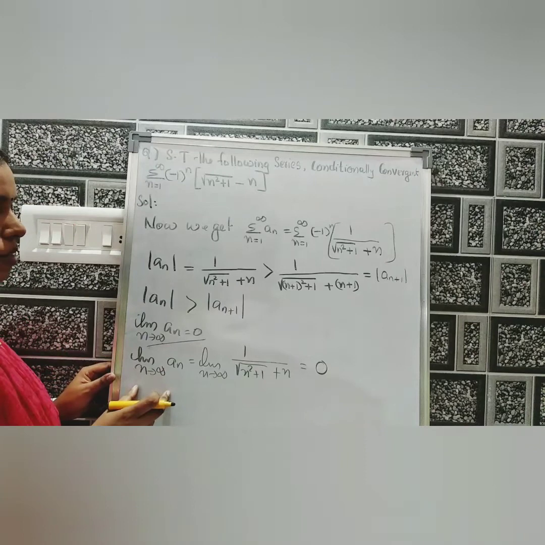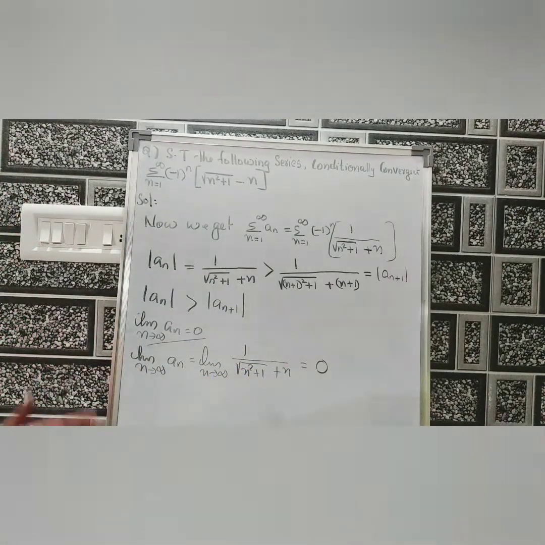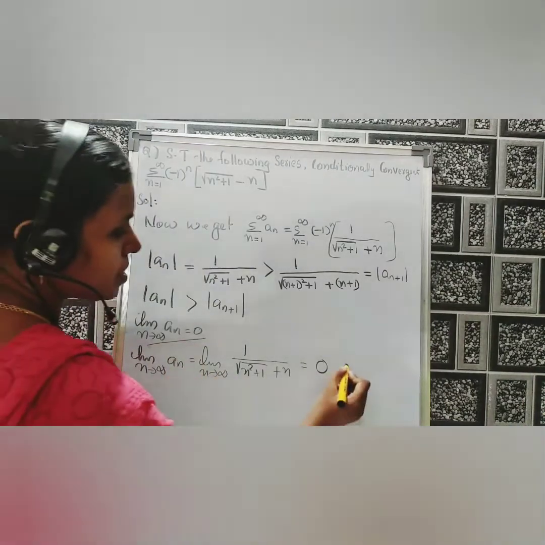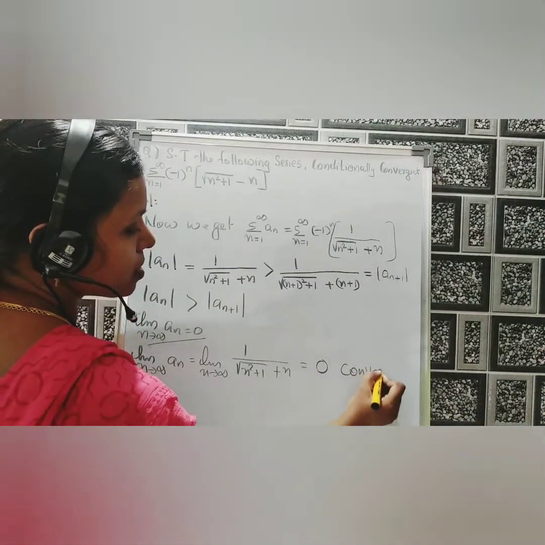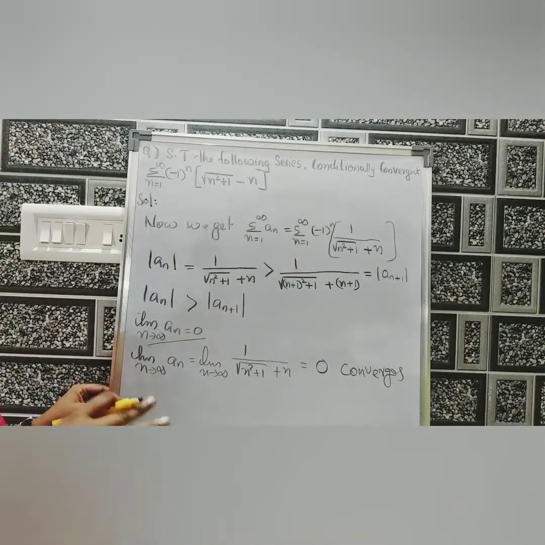That is, limit n tends to infinity a n is equal to 0. The given series satisfies three conditions. Then by the alternating series test, the given series converges.